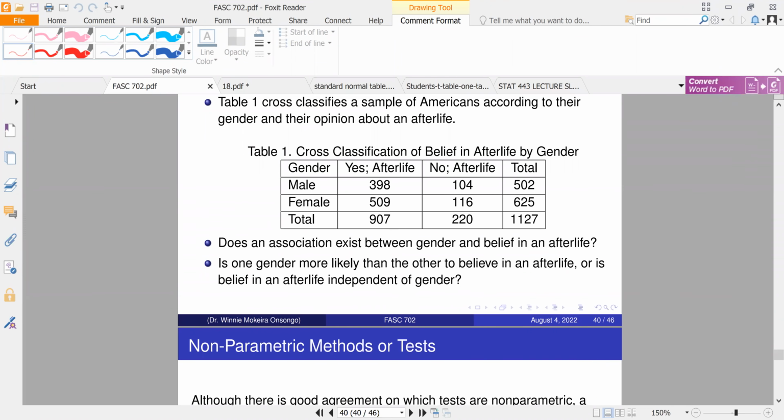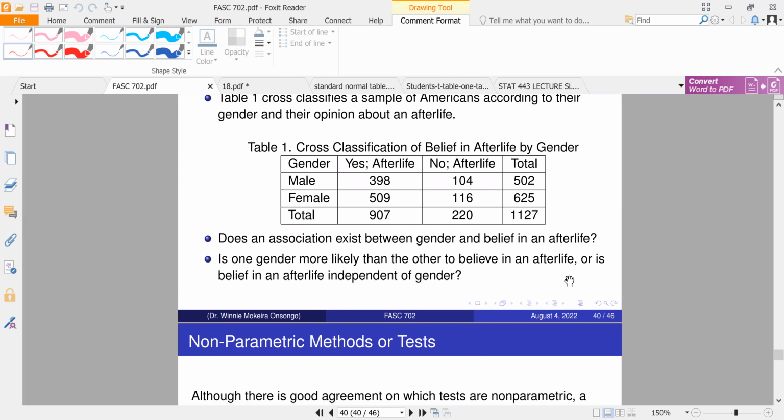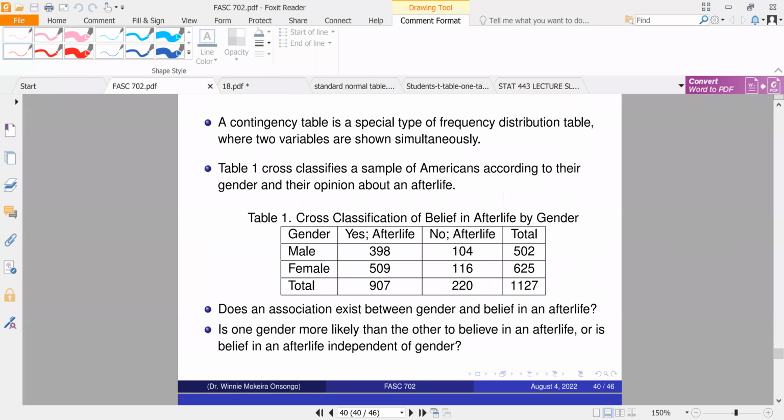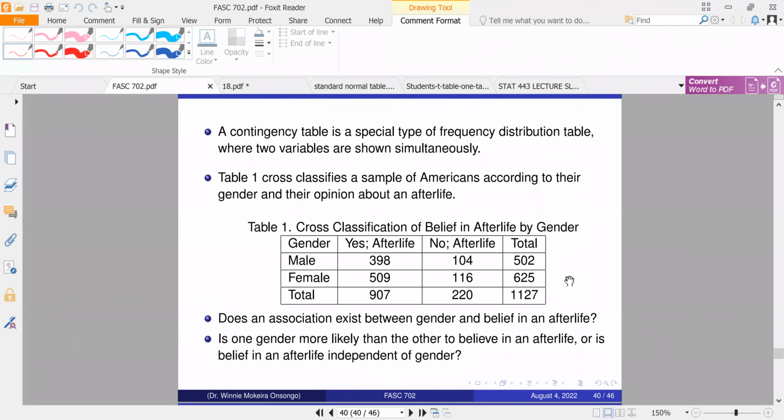So in trying to understand the association between variables, we now employ non-parametric tests. Remember, the nature of our data is purely categorical.